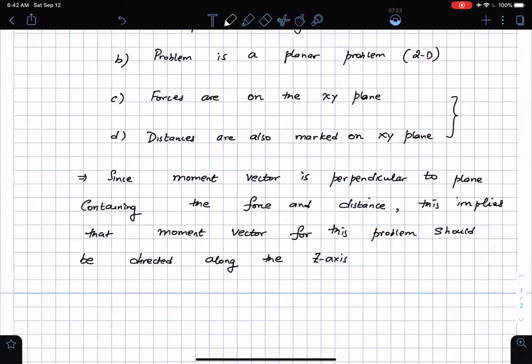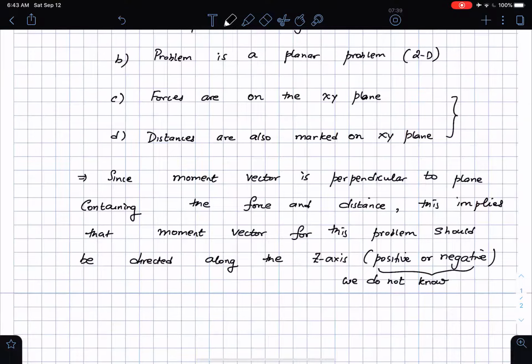Could be positive or negative. Positive or negative, we don't know yet. Okay, this one we do not know yet because we haven't started solving the problem.